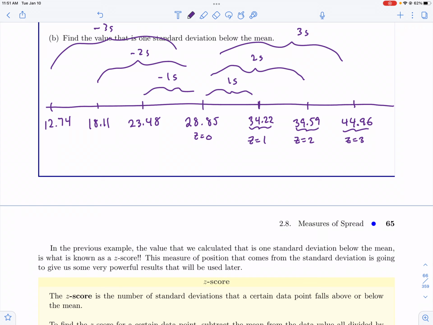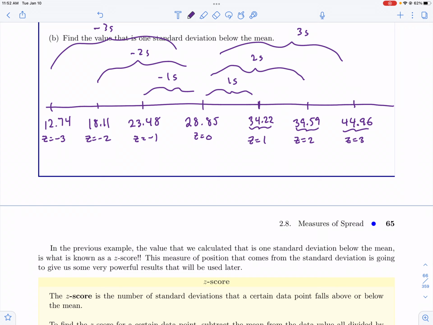And then all these values to the left are going to still be nice whole numbers, but since they're to the left of the mean, they're all going to be negative. So that 23.48 would relate to a z-score of -1. 18.11 is going to relate to a z-score of -2. And then finally, 12.74 is going to relate to a z-score of -3.